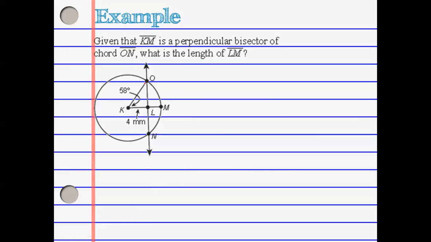On this one it says, given that KM is the perpendicular bisector of chord ON, what is the length of LM? If we want to find LM, it tells us that KL is 4. We know KM is a radius.